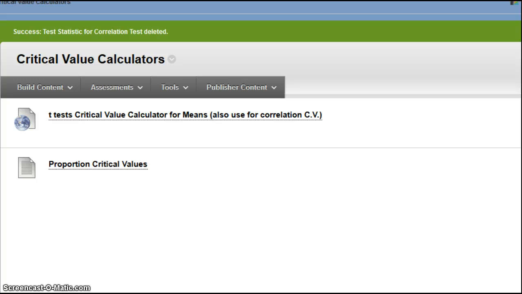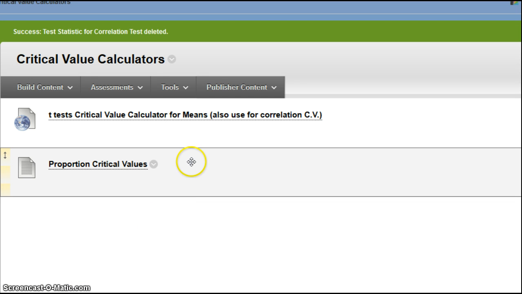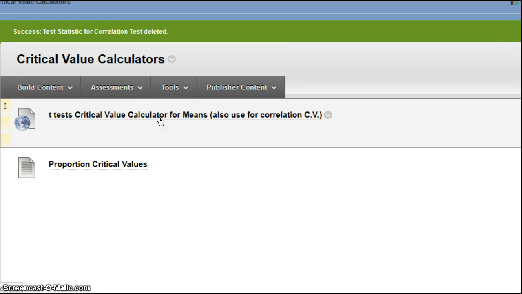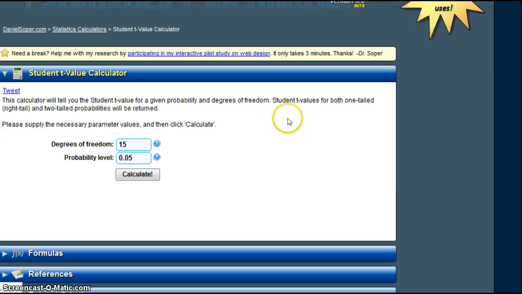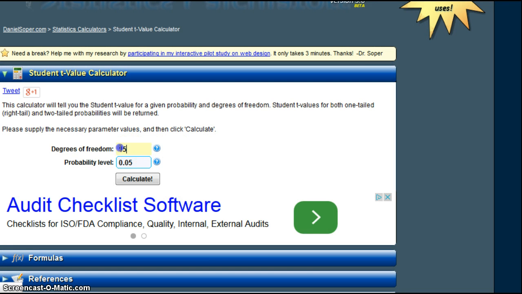Alright, so here I am in UB Learns, and we're going to click the critical value calculator folder, which is inside course documents. We're going to click the t-test critical value calculator, and you can see it also says for correlations. We'll take that 8 degrees of freedom into the calculator.